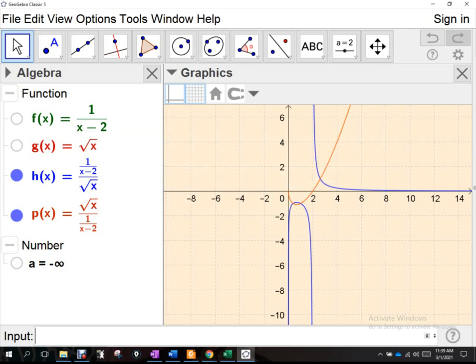But if I ask what P of 2 looks like, it gives me a result, and this is actually an error in GeoGebra. It should not give me back 0. Okay, let me see if Desmos will.